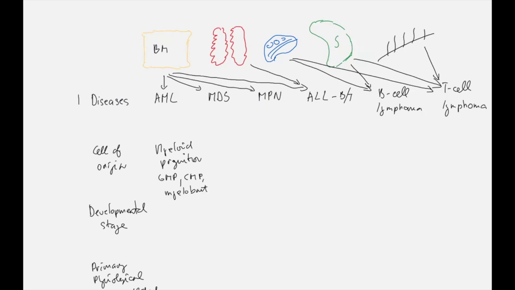So it's within the myeloid lineage. As we talked before, for example, myelodysplastic syndrome and myeloproliferative neoplasms, we're going to talk about them later after we finish this one, they can transform into ALL as well, for example, because it's high in the stem cell. But in case of AML, already it's within the myeloid progenitor. So it's very unlikely that this would transform into lymphoid lineage, in an acute lymphoblastic leukemia.